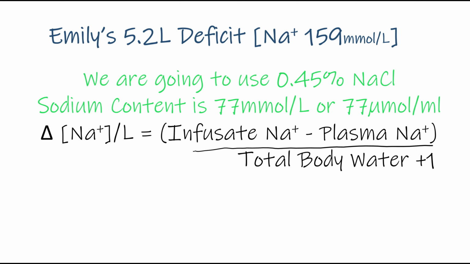So the change in sodium is minus 159 because there is no infusate sodium, divided by 0.55 times 70 plus 1, and that works out at minus 4 millimoles per litre. 1 litre of dextrose corrects minus 4 millimoles. 1000 divided by 4 is 250 mils per hour to correct 1 millimole. To correct by 0.5 millimoles, you'll divide by 2, which is 125 mils per hour.